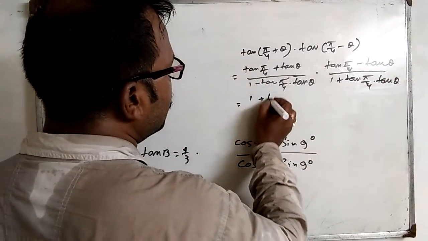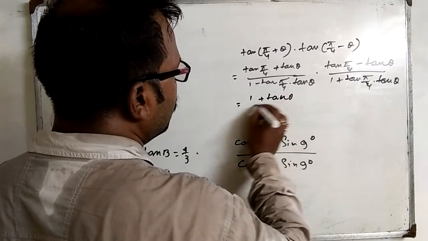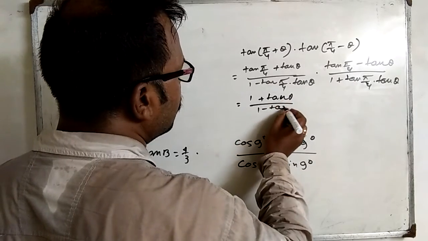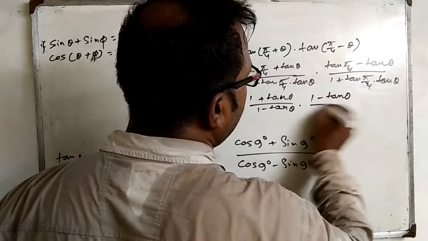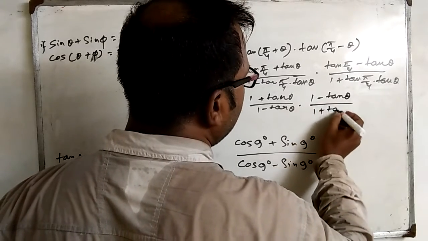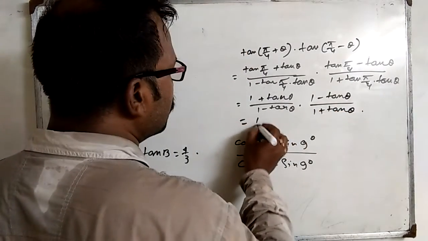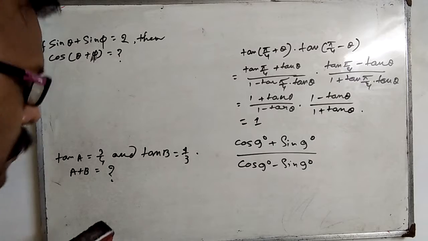So 1 plus tan theta divided by 1 minus tan theta, into 1 minus tan theta divided by 1 plus tan theta. So that is equal to 1.